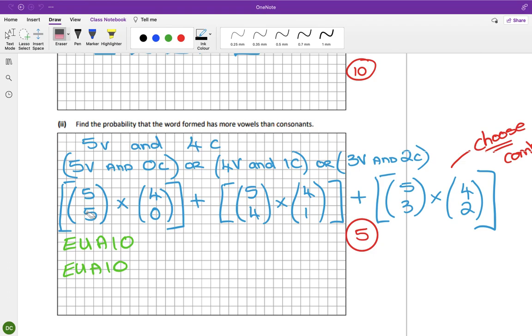But in this question, it's not enough to choose them. I have to actually arrange them, as in EUAIO is not the same permutation as UEAIO.